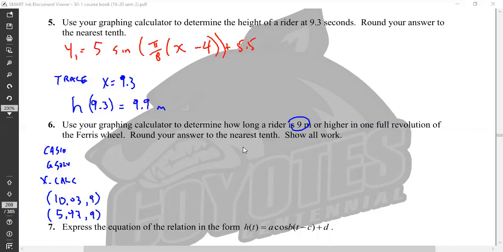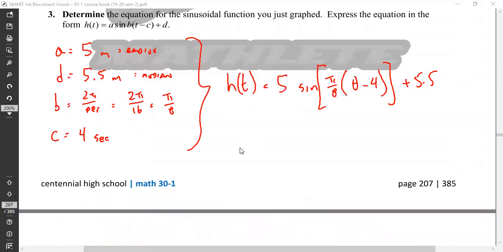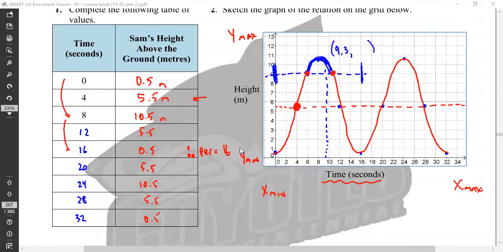Now, TI people, it's a little more involved than that. TI people, you're going to have to graph a second line. Y2 is equal to 9. And if Y2 is equal to 9, then it's going to graph for you that horizontal line at 9.